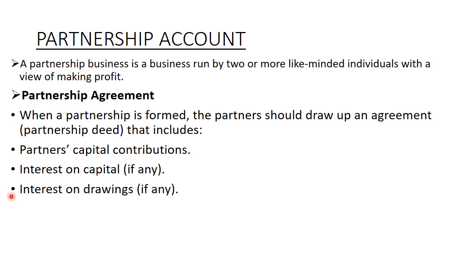But if partners are withdrawing money, it makes the business run low on money, which is not good. So partners are not encouraged to withdraw money. To discourage that, an interest is charged to a partner who withdraws money.